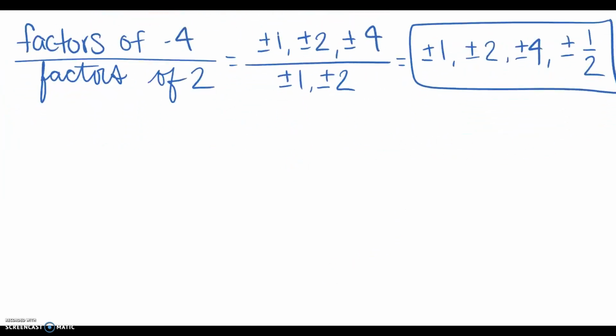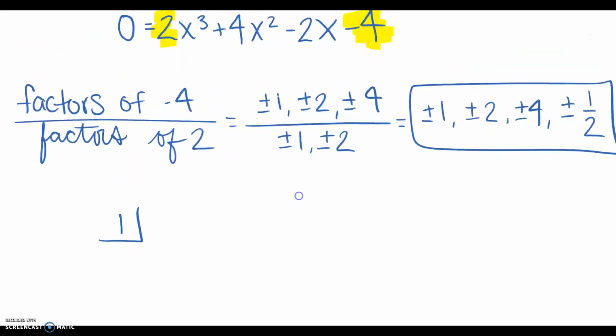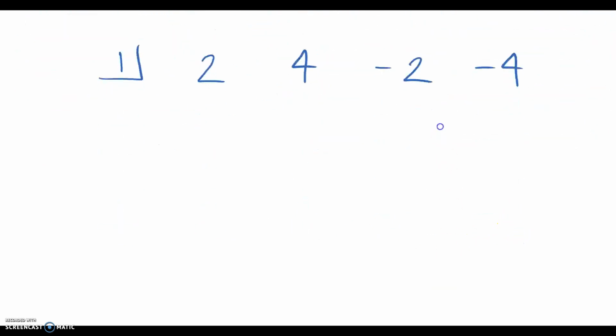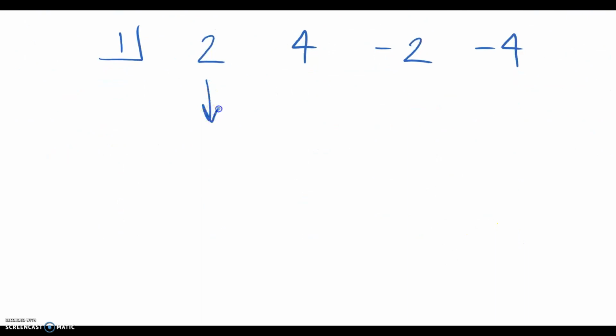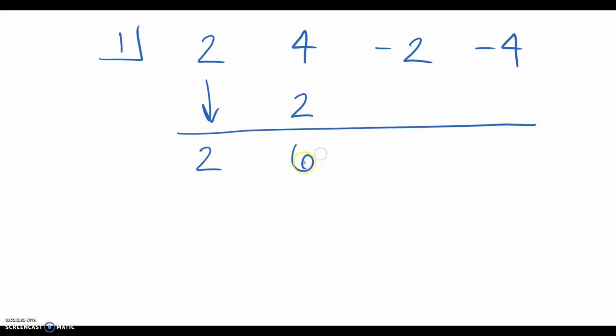And now we'll just use synthetic division. So I'm just going to start with 1. And what are my coefficients? There they are. So 2, 4, negative 2, negative 4. Bring down my 2. 2 times 1 is 2. 4 plus 2 is 6. 6 times 1 is 6.